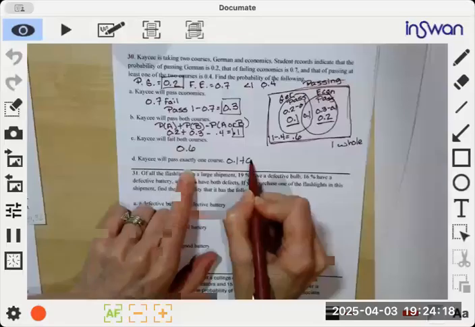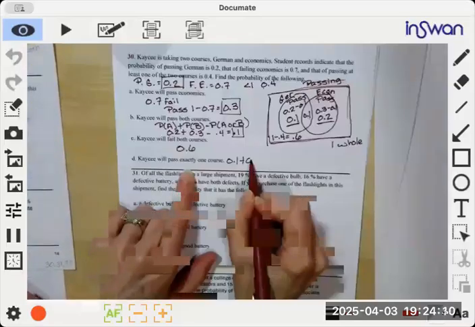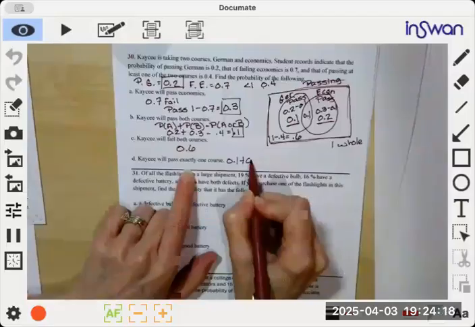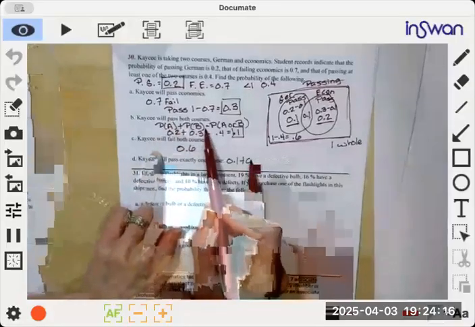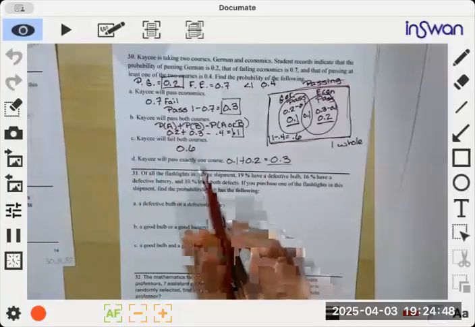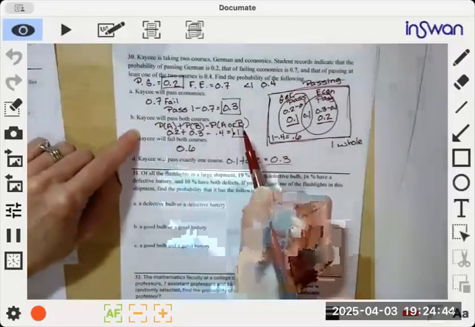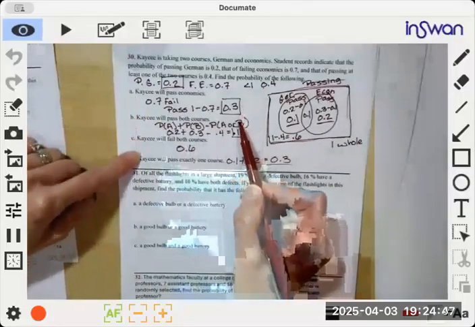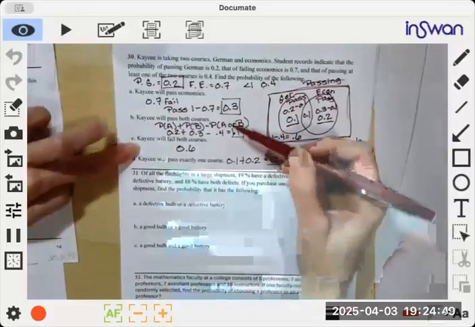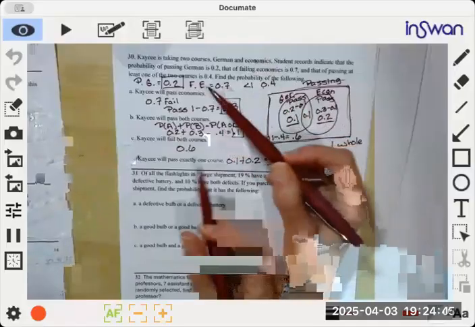How did that feel? That one okay? If we weren't to use the Venn diagram for C, how would that look? So we know the passing of, I would just do a lot of subtracting here.